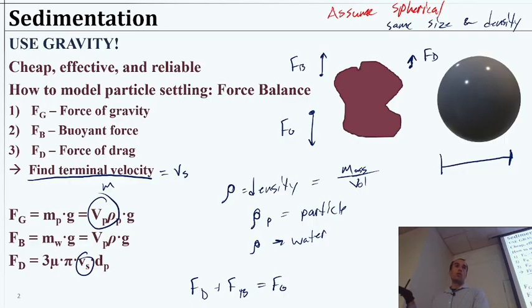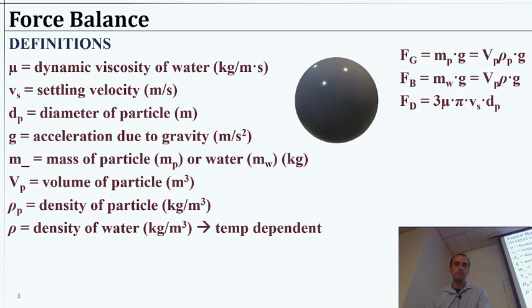This is where our terminal velocity happens, when all the forces upwards equal all the forces downwards. And then solve for V. So that's what we'll do. And when we're using these volume terms and the other terms, it's actually not too complicated of a thing to do. So here they all are written out.